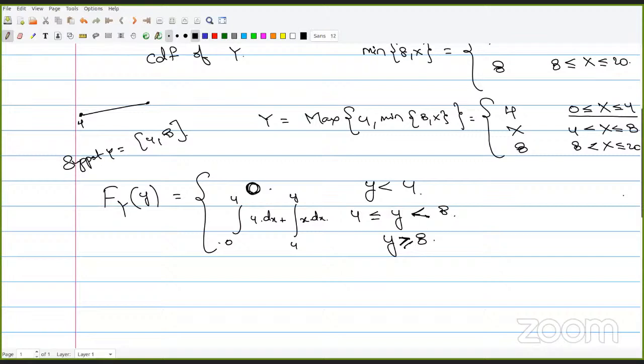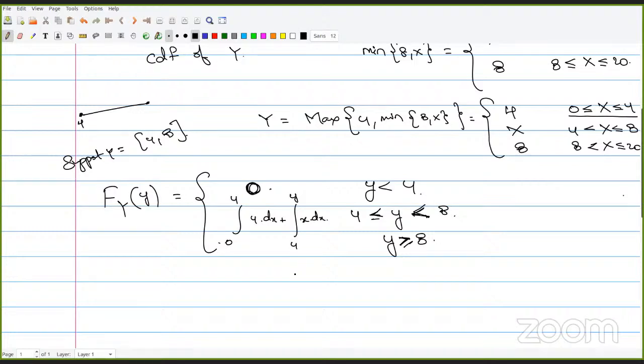Equality we should take here on y greater than or equal to 8. You can do it separately for 4, for 8, and then take the open interval 4 comma 8.